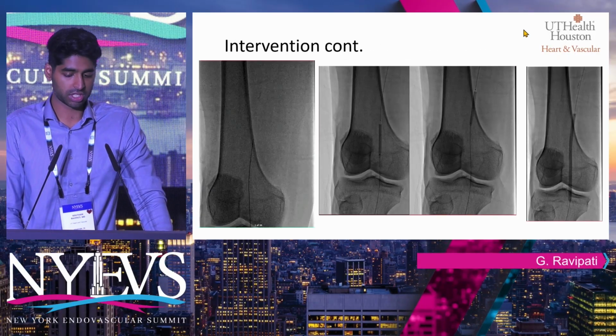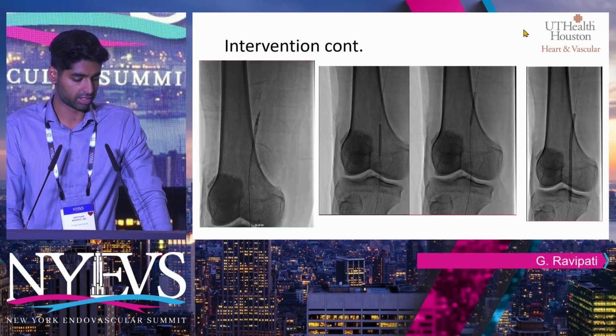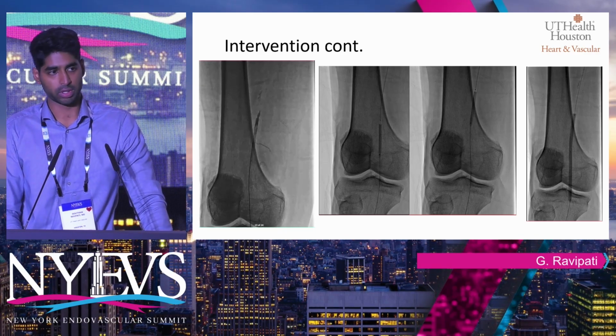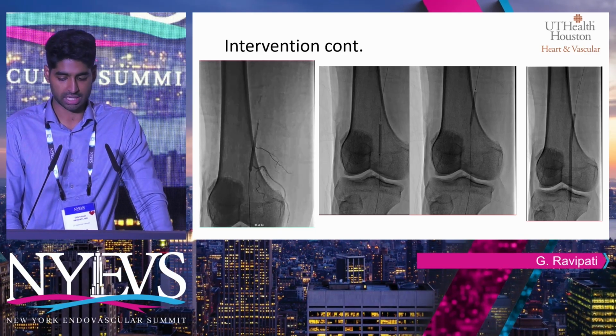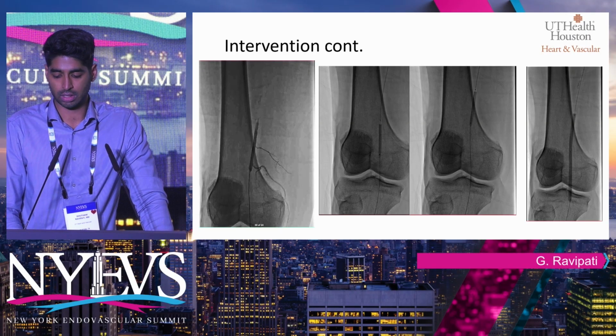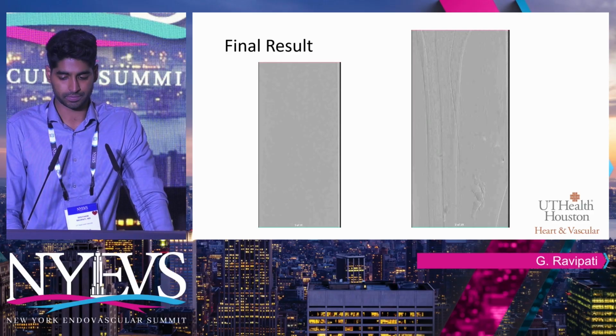The rest of the procedure went pretty smoothly. You can see that on the left there's a distal tip injection showing that we are true lumen. We proceeded with POBA and cutting balloon angioplasty, and then eventually treated with a 50 by 120 millimeter DCB.